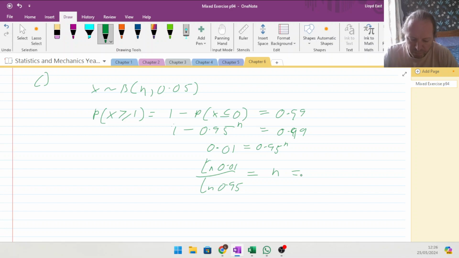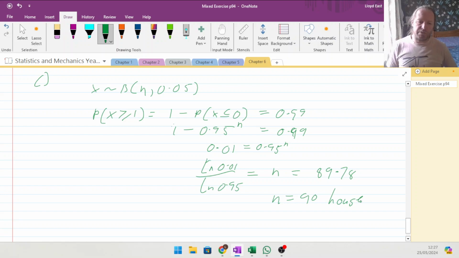Okay, and we get n as 89.78. So n, being a whole number, is going to come up to 90 houses. So the gentleman will have to knock on 90 houses to guarantee at least one sale. Okay, good.